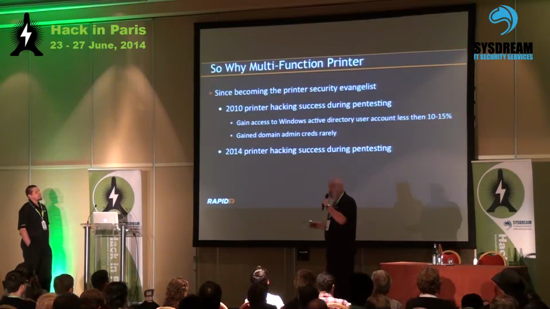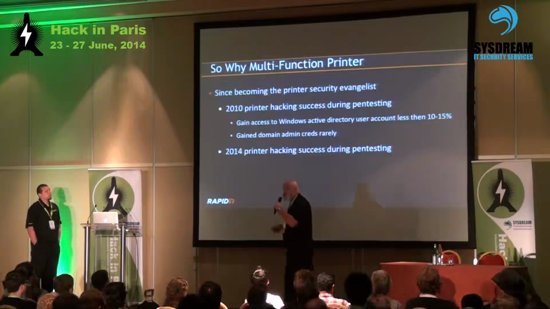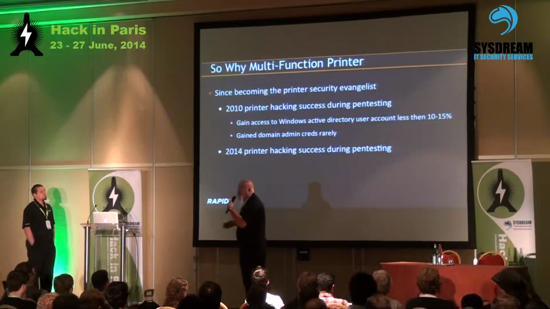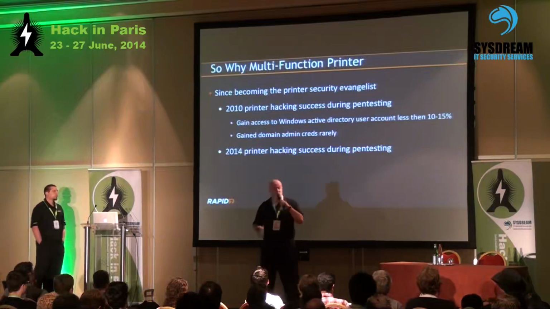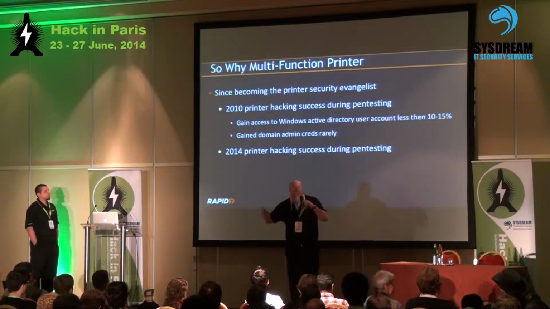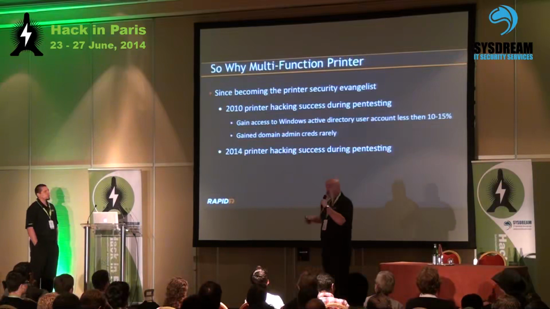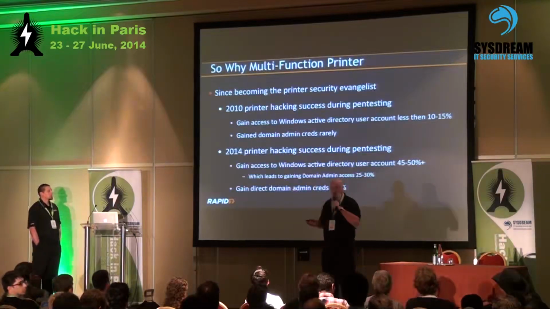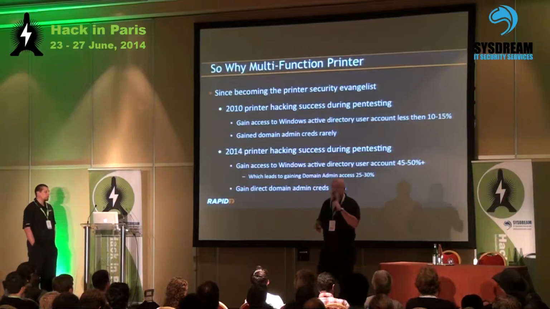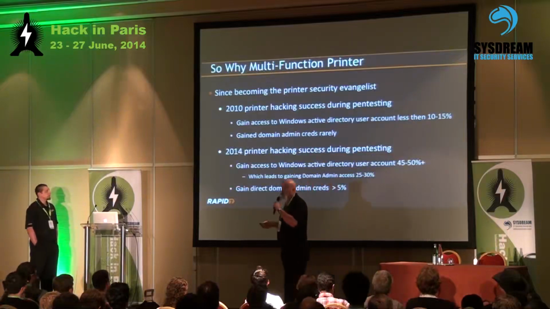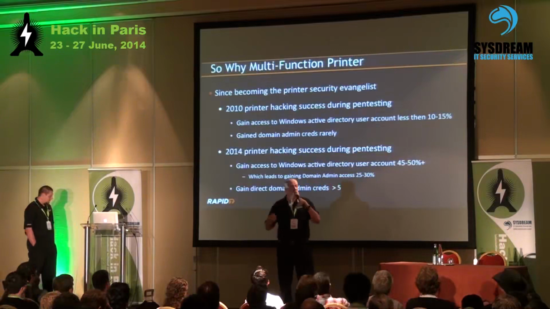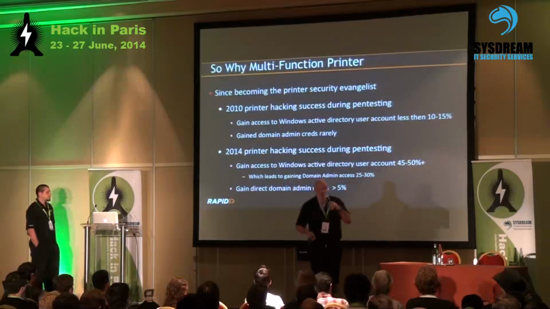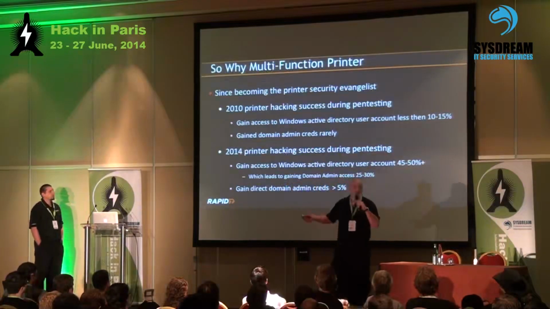It's 2014, and companies are actually leveraging the features and functions on these printers, integrating all these different functions. The problem is they haven't changed the security. Since the security's never changed, we're able to leverage their integration into the business environment to extract these credentials 40 to 50% of the time.